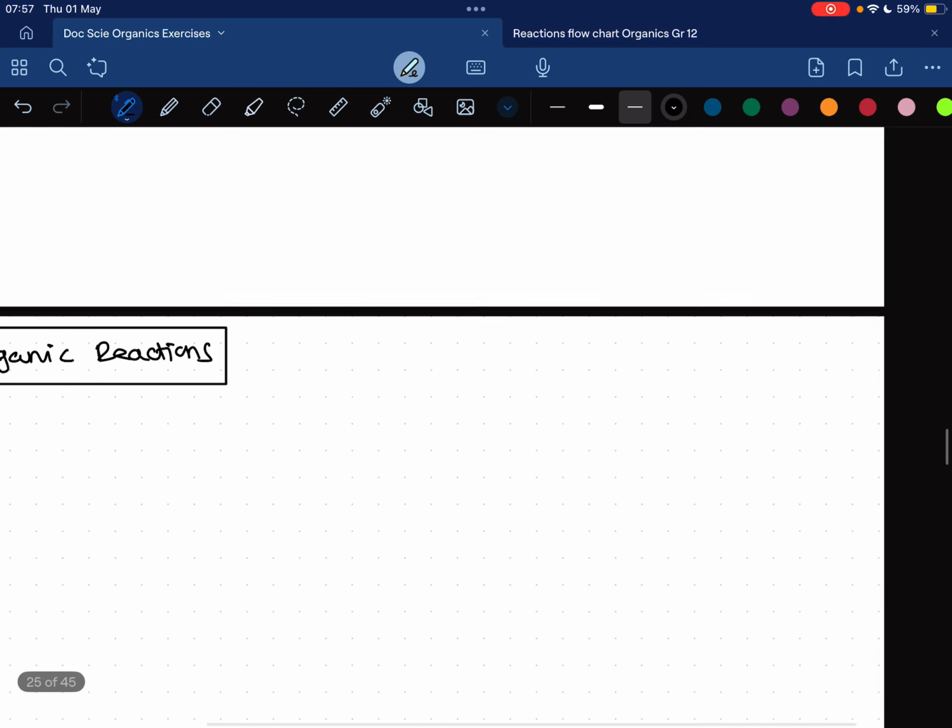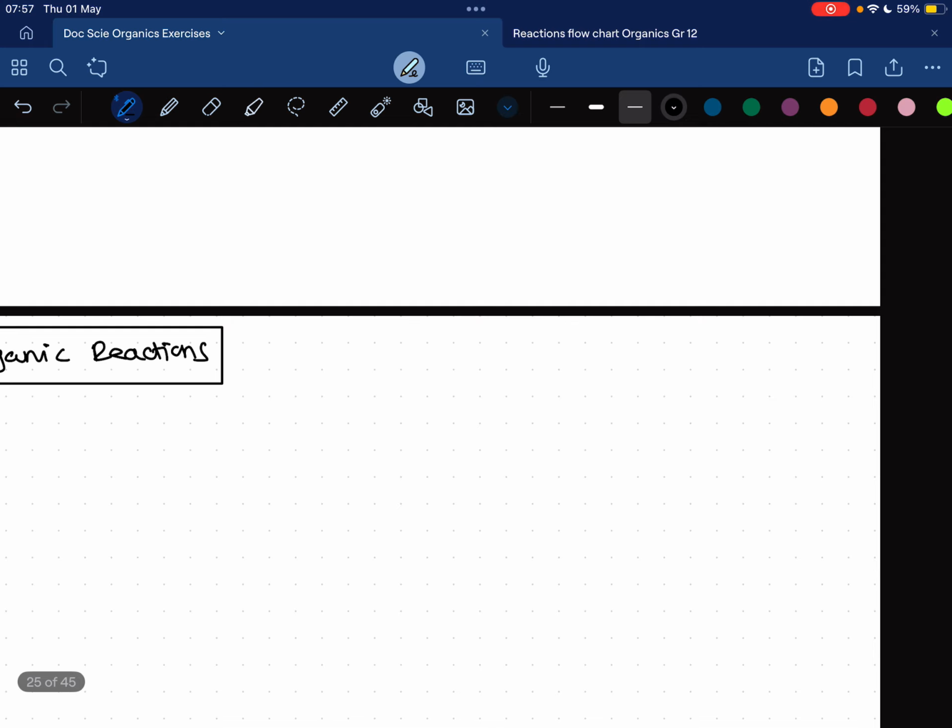So the third unit, and the last unit in this topic, now involves the organic reactions. Now, the reactions are something that you have to learn off by heart, okay? It's not as easy as the naming and anything like that.